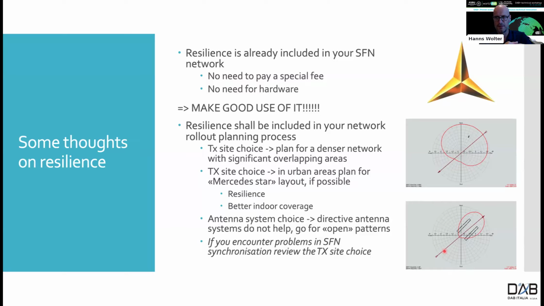Try to find alternative sites, because really it's better to have open antenna systems, open coverage areas instead of very directive systems. In the end, it will work much better. That's at least our experience.